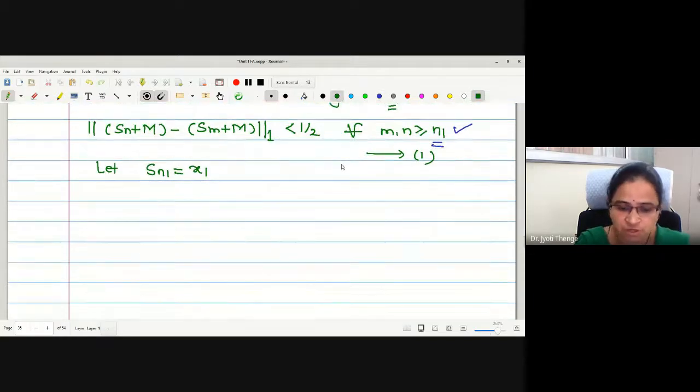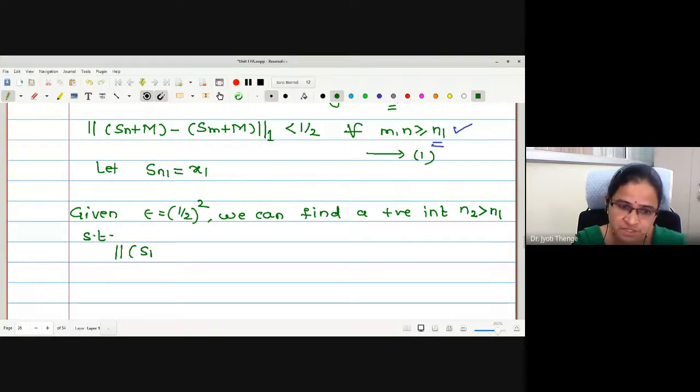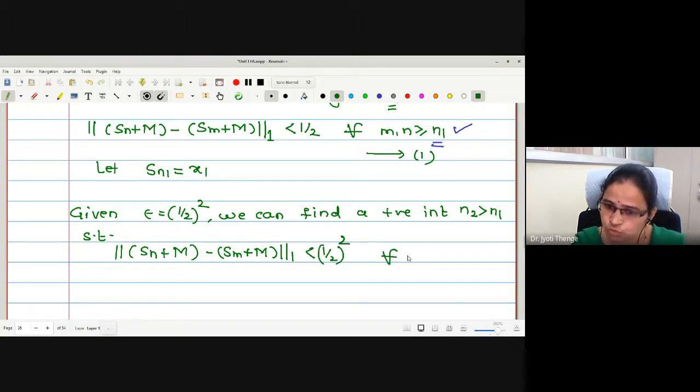Let me proceed further and change the value of epsilon again. Given epsilon equal to 1 by 2 square, we can find a positive integer n2 greater than n1 such that, again the same statement, norm 1 of Sn plus m minus Sm plus m is less than 1 by 2 square, and is true for all m, n greater than or equal to n2.